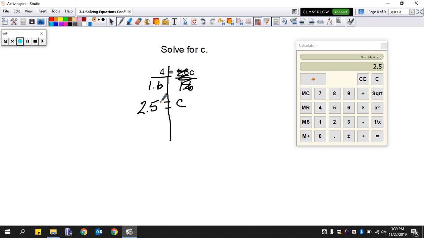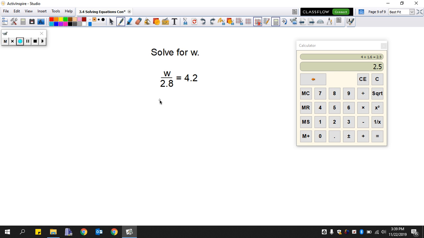All right. And then our last example that we're doing, once again, it looks like a fraction, so we know this is division. So the inverse of division is multiplication. So we're going to multiply by 2.8, multiply by 2.8.